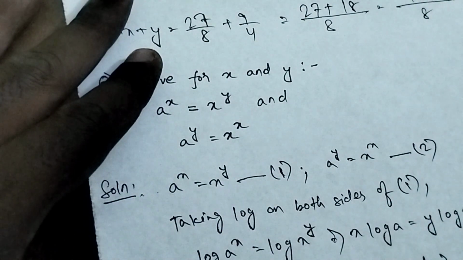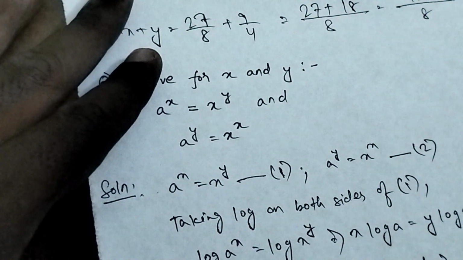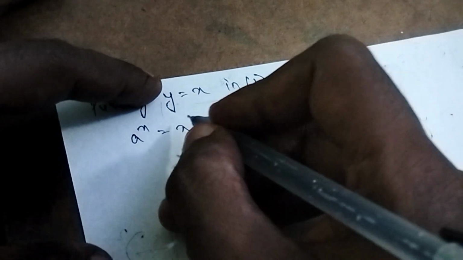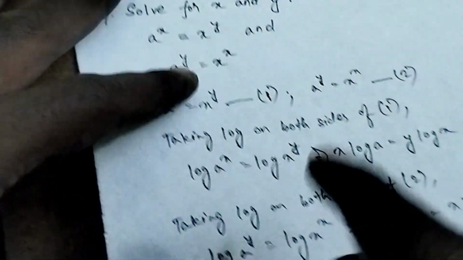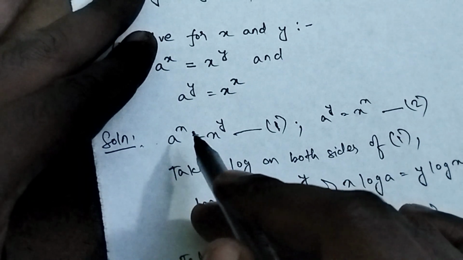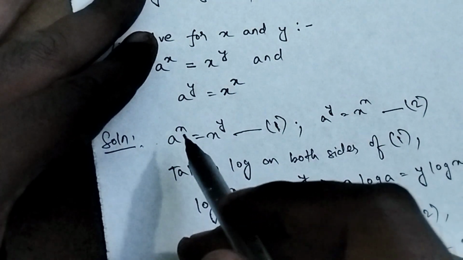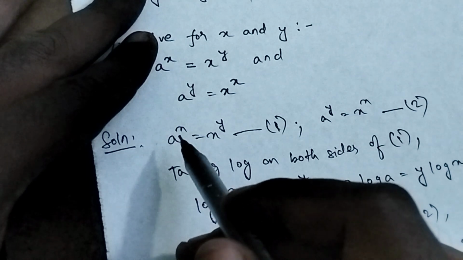a to the power x is equal to x to the power x. I will put x in place of y. In equation 1, what was equation 1? a to the power x is equal to x to the power y. We will put y is equal to x. That means the equation will become a to the power x is equal to x to the power x.